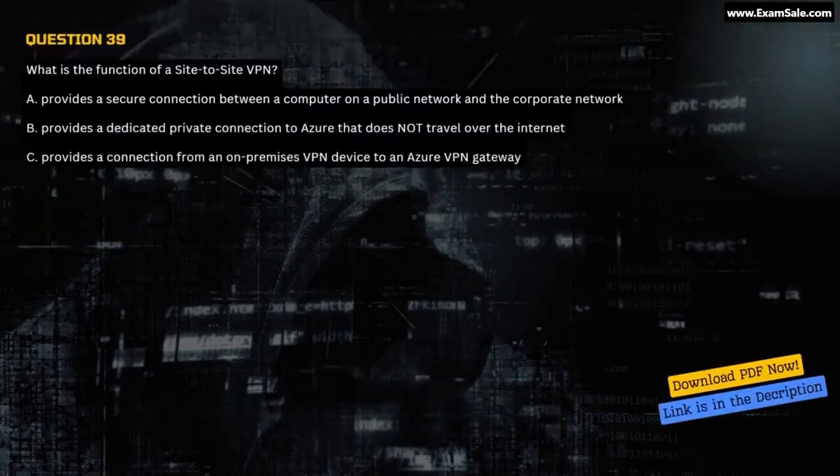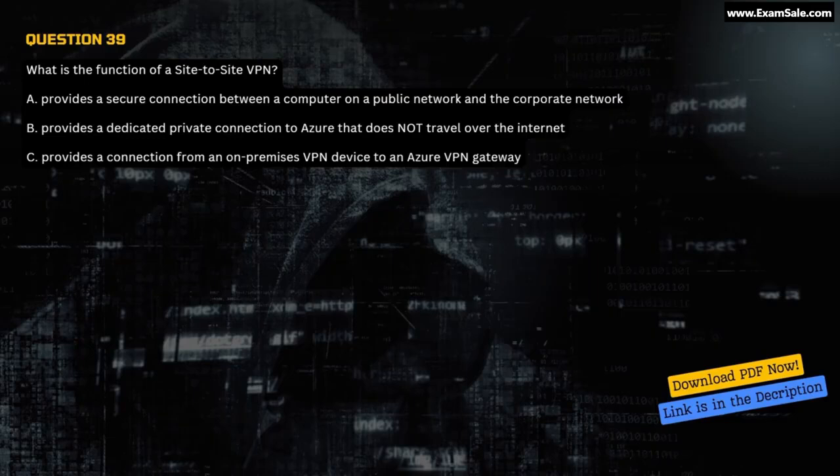Question 39. What is the function of a site-to-site VPN? A. Provides a secure connection between a computer on a public network and the corporate network. B. Provides a dedicated private connection to Azure that does not travel over the Internet. C. Provides a connection from an on-premises VPN device to an Azure VPN gateway.